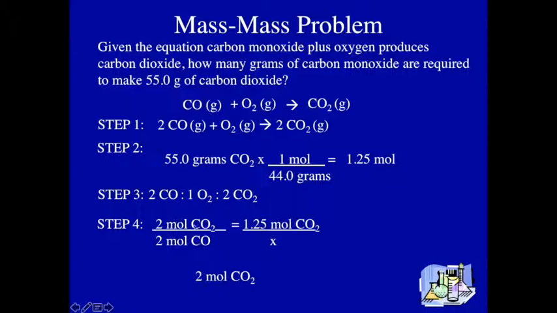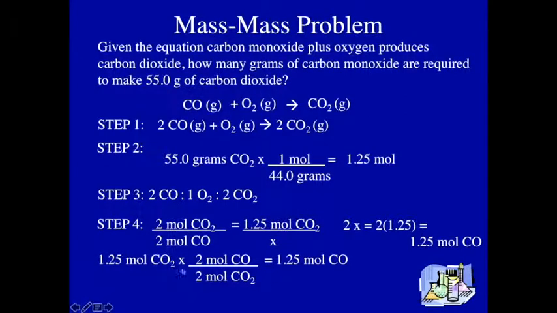And the mole ratio is what's going to get me to what I need. Now, if I cross multiply this, you can see it's 2x equals 2 times 1.25, which means I get 2 times 1.25 divided by 2, which means it's 1.25 moles of carbon monoxide. It's a lot more complicated than what you actually need to do.